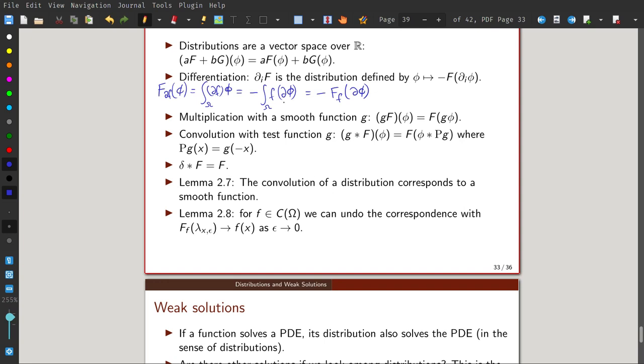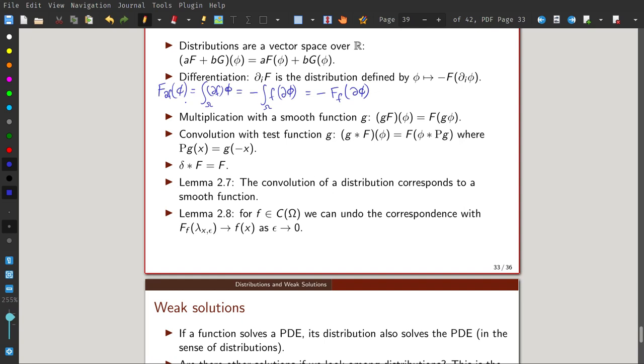So for distributions that come from functions, the association between the distribution that comes from a function and the distribution that comes from the derivative of that function is like this. And what we do for the derivative in the sense of distributions is we say that this relationship should hold for all distributions, not just distributions that come from a function. That's how we make this definition, and that's how we make many of these definitions.